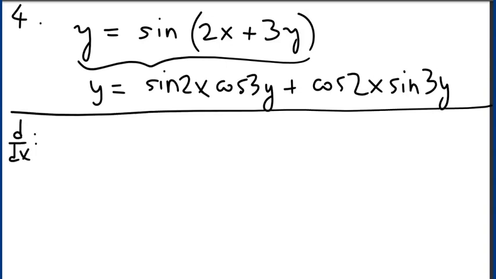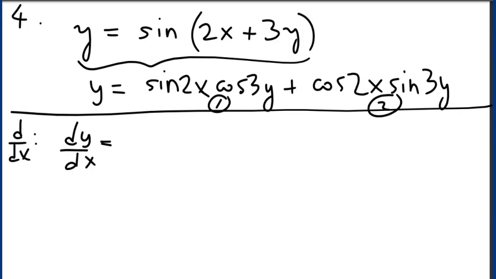So the left hand side, which is y, will simply become dy/dx. Now the right hand side, you have two terms. Let's do term 1 and then we'll do term 2. We can do product rule for both of them.